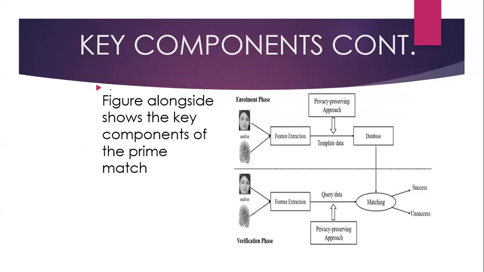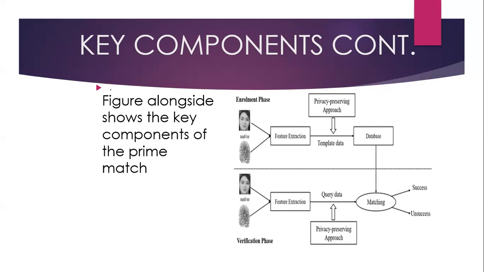Moving to the next slide. This figure shows the key concepts of PrimeMatch, and we're going to explain it here. The enrollment phase has biometric system tools to cut the data down to feature extractions. Here the privacy-preserving approaches apply before collecting data and sending it to the database, which holds the template data.